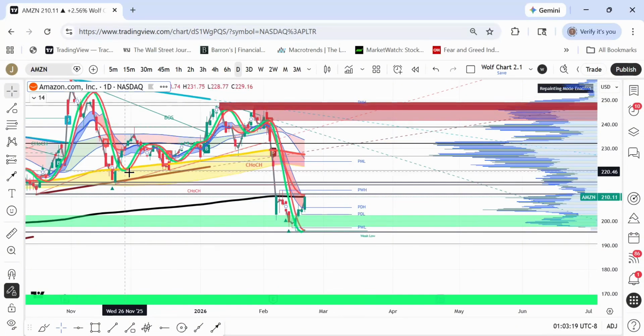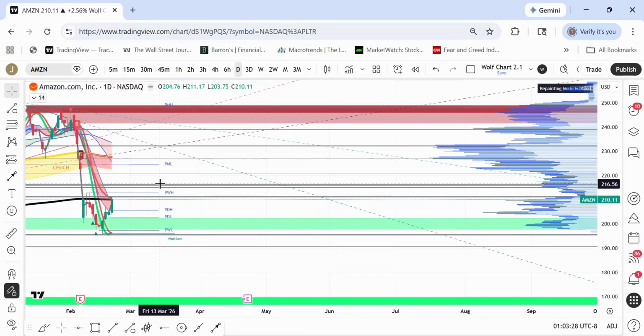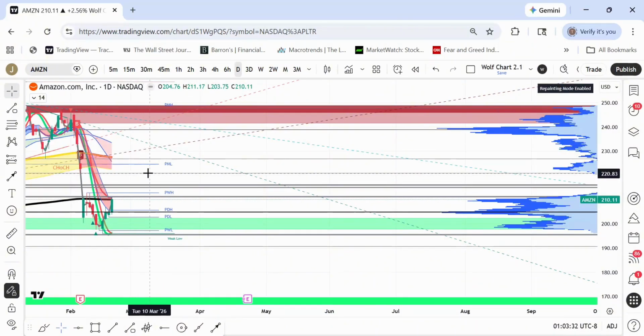And that lines up with our WTMA, the liquidity area, this historical resistance line right here. So there's a lot of confluence letting us know this is where Amazon typically wants to run to. And there's the 220 to 223 level right here, and that'll be able to test this 200 cloud.